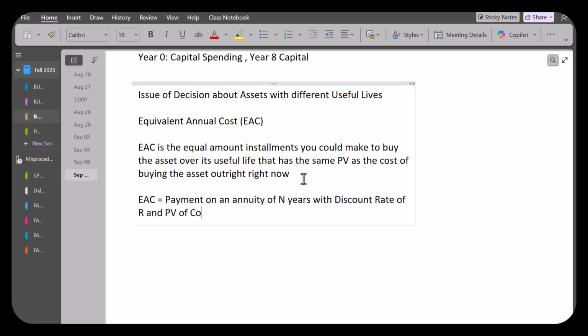There's an ugly little formula. I'm going to write it just to annoy you guys, even though we're not going to use it.